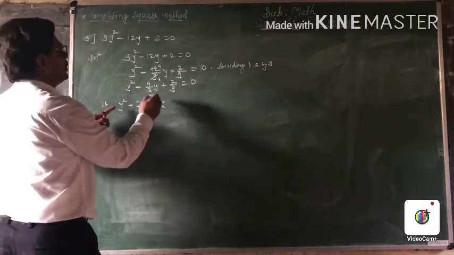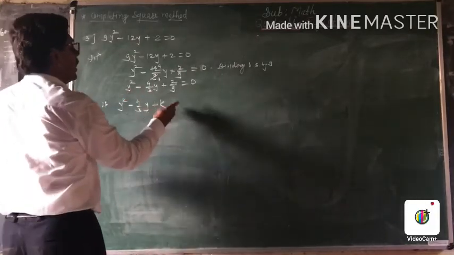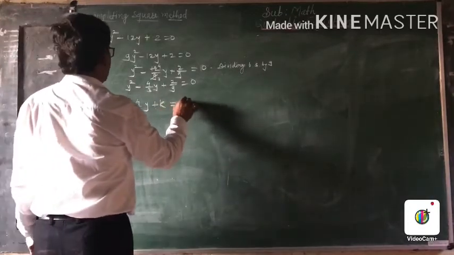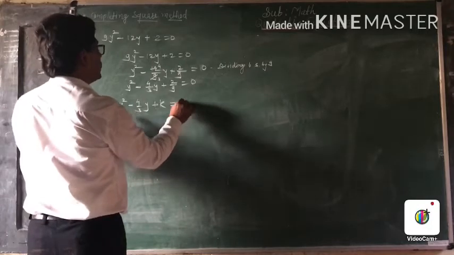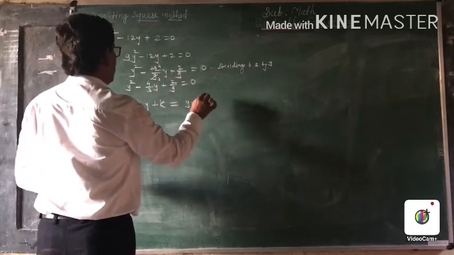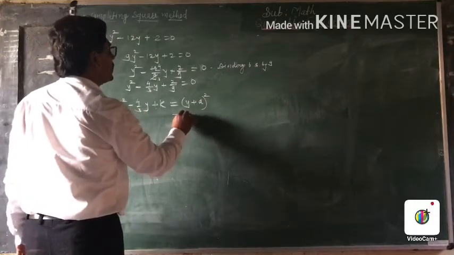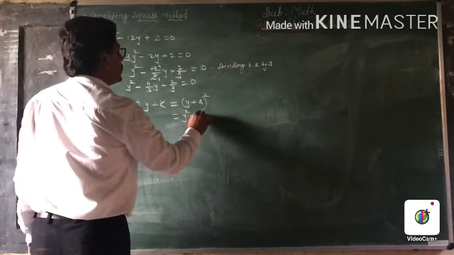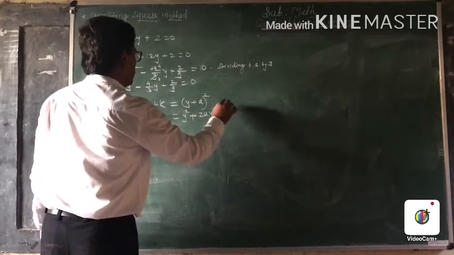With these two terms we take the third term k, and this is a complete square of y plus a bracket square, and y plus a bracket square is y square plus 2ay plus a square.